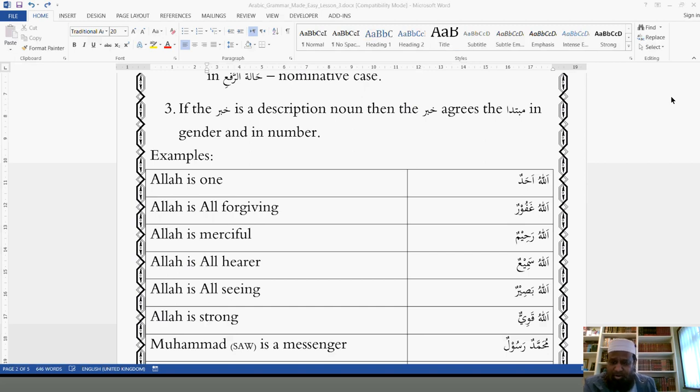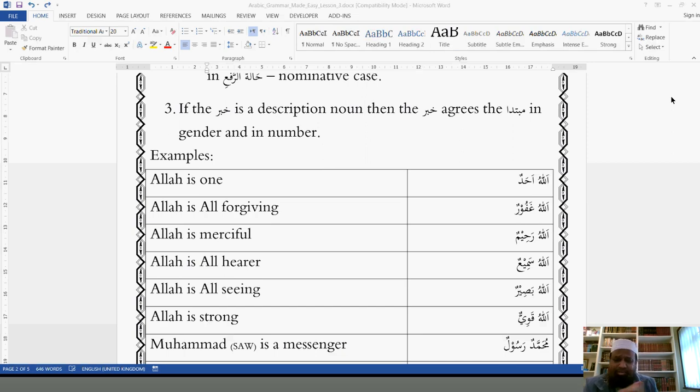And the khabar, because it is generally nakira, we leave it nakira. And the i'rab is halatul rafa, ahadun, Allahu ahadun. Easy translation, Allah is one. Ahadun means one.